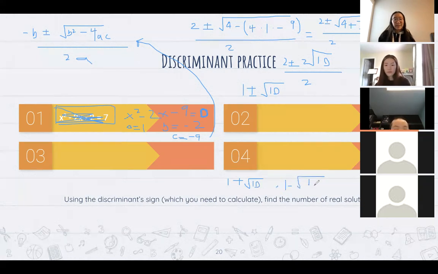So as you can see, it's a really long way to do things. But how do you know whether it's plus radical 10 or minus radical 10? It's both of them. Because most quadratics have 2 x-intercepts, right?